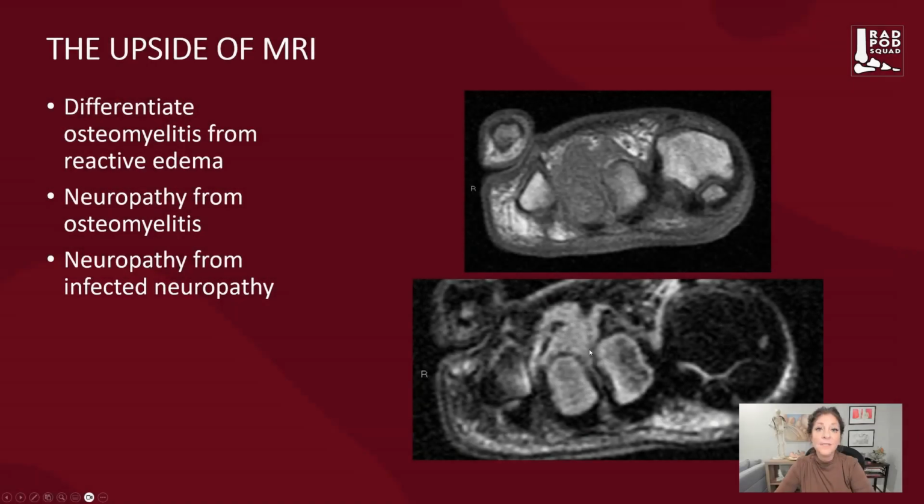So the upside of MRI, we can differentiate osteomyelitis and reactive edema. And it's powerful also to differentiate neuropathy from osteomyelitis. And of course, neuropathy from infected neuropathy. And this is that example where we can see that marrow infiltration along the third metatarsal and also along that fibular sesamoid.